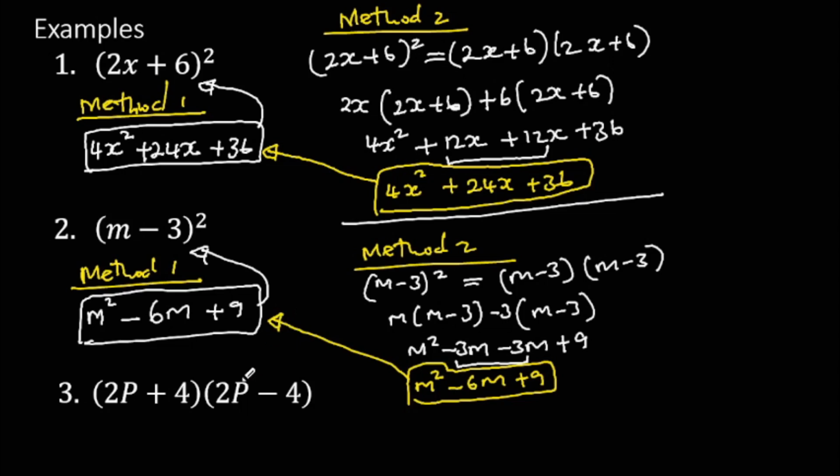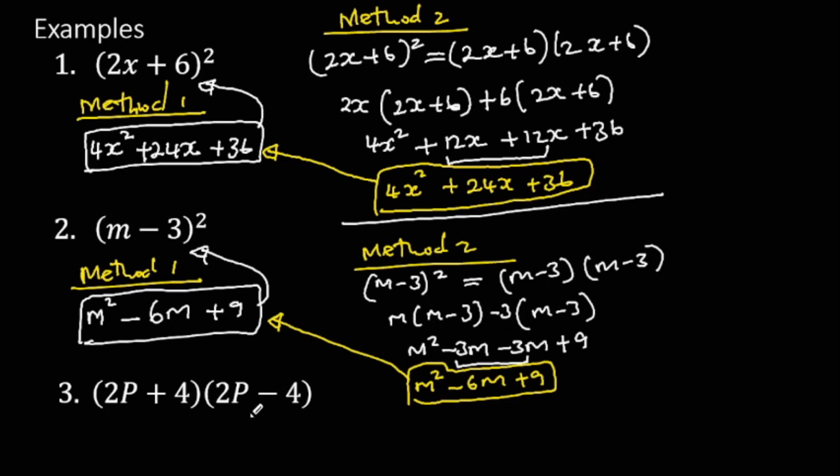We look at the last example, and we have two brackets here. As you can see, the elements which correspond are similar. They're separated by a plus and a negative sign, which means that the rules apply here.